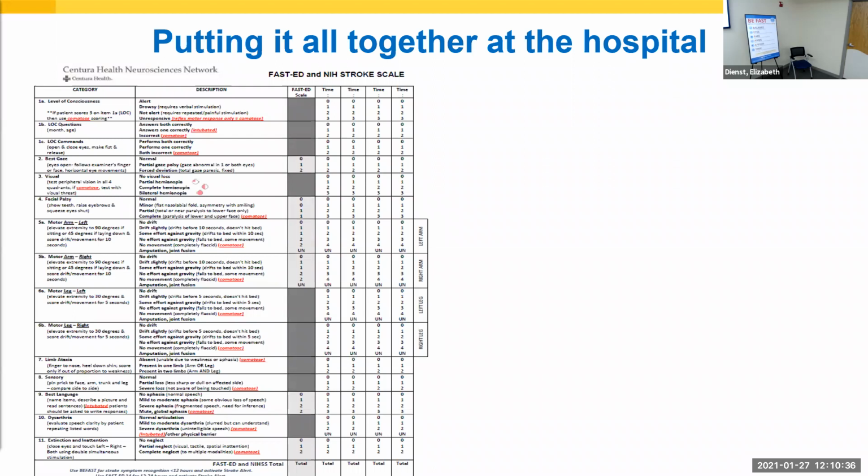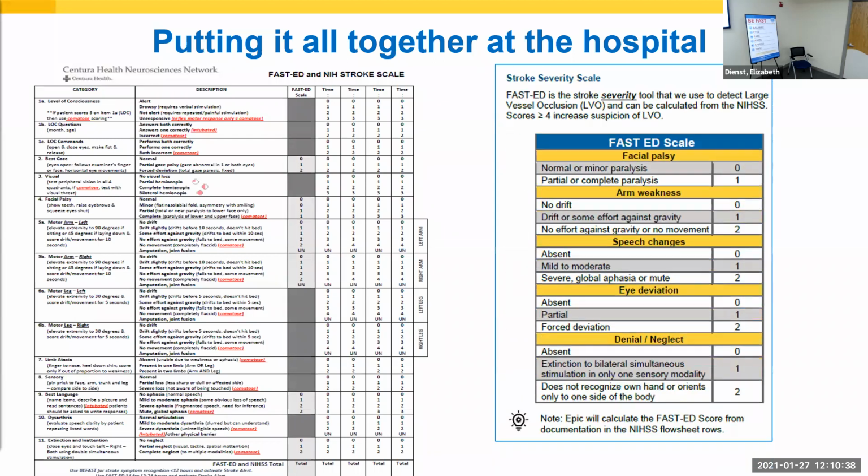Now, putting it all together, this is what we do when they get to the hospital. We do a scoring tool called the NIH, and then we marry it with the FAST-ED scale here at Penrose St. Francis. And all of the Centura facilities use the BFAST, or the FAST-ED, for their large vessel occlusion scale recognition, basically, is what I'm trying to say.